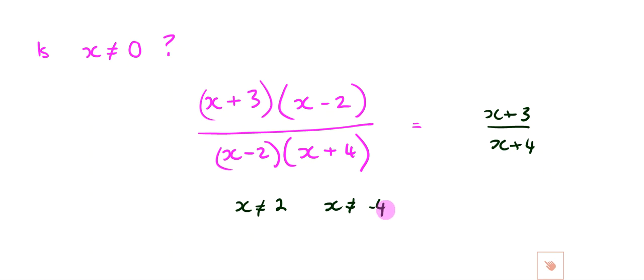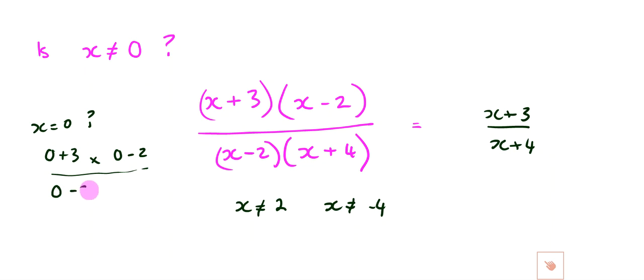What if I did put 0 into that, Aidan? If I put x equals 0 in, I would actually get 0 plus 3 times 0 minus 2 all over 0 minus 2 times 0 plus 4.